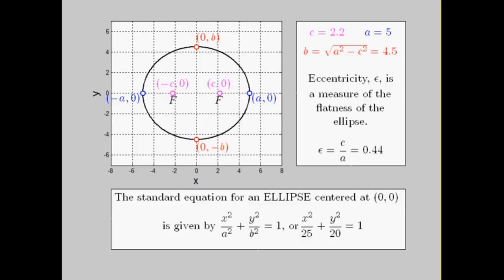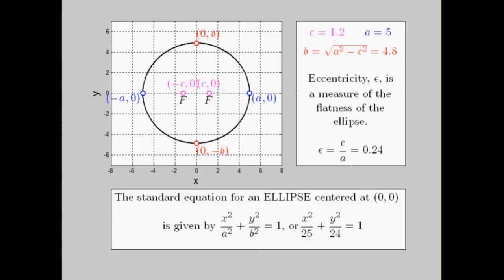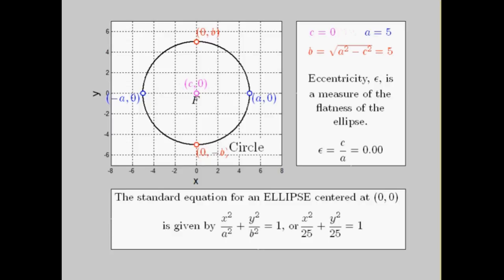Eccentricity is a characteristic of ellipses that we'll study another day, but I just wanted to show you this little graphic. Eccentricity measures how flat or how round an ellipse is, and guess what happens if the two focal points meet? You have a perfectly round ellipse, which we call a what? Circle.